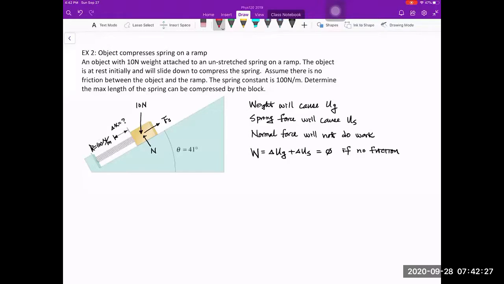And because the friction force is opposite to the direction of the movement, this will be the friction force multiplied with the change of x. That will be your work done by the friction force. And on the right hand side, you're going to have the same thing, the change of U sub g plus change of U sub s.